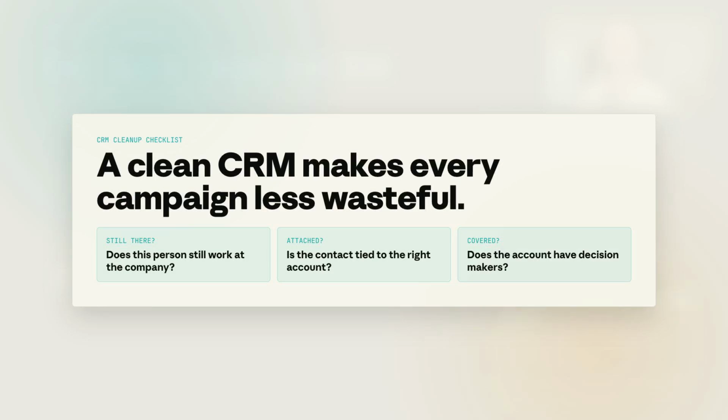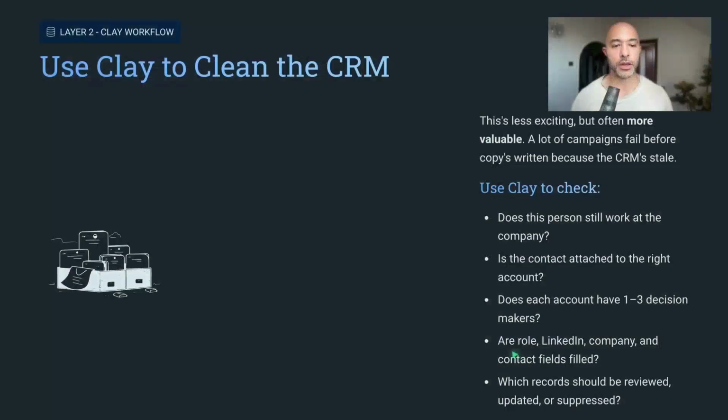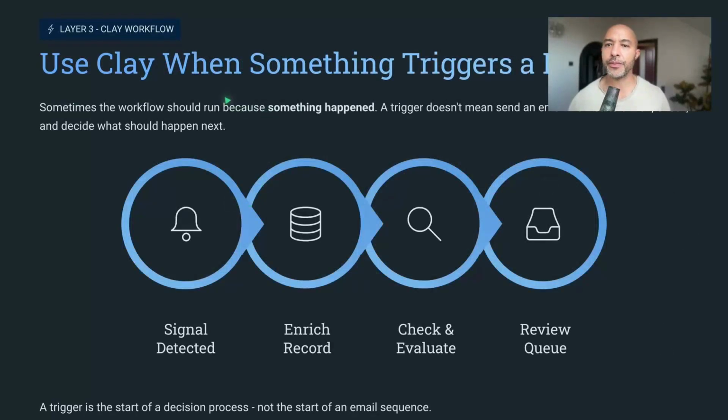Does each account have 1 to 3 decision makers that we can prioritize? Is their role a fit? We can get their LinkedIn information imported into Salesforce, HubSpot, Dynamics 365, that kind of thing. You want that in there. Which records should we prioritize, review, or just skip altogether?